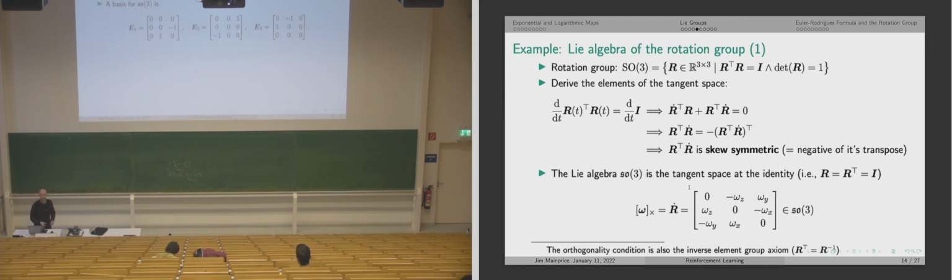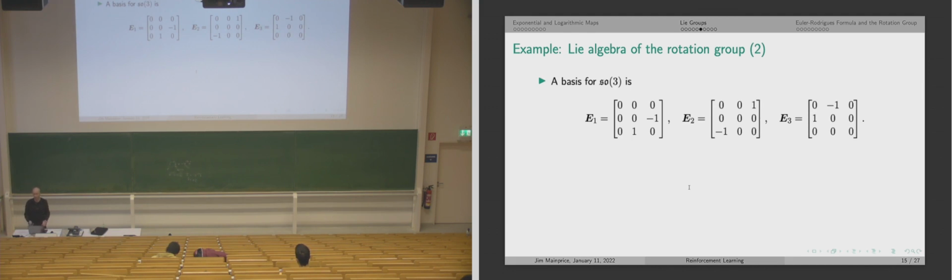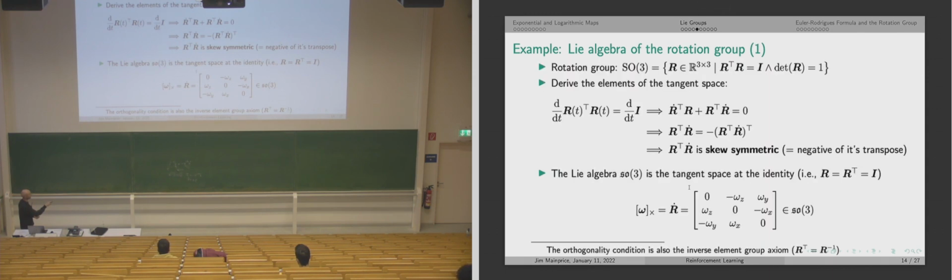So now we could ask ourselves, can we come up with a basis for the Lie algebra? And we can. So if you look at the structure of the skew-symmetric matrices, there's one number here, another number here, and another number here.